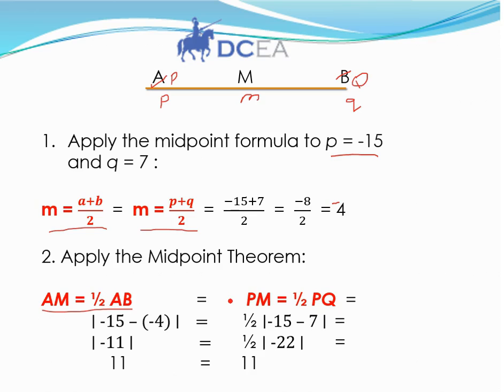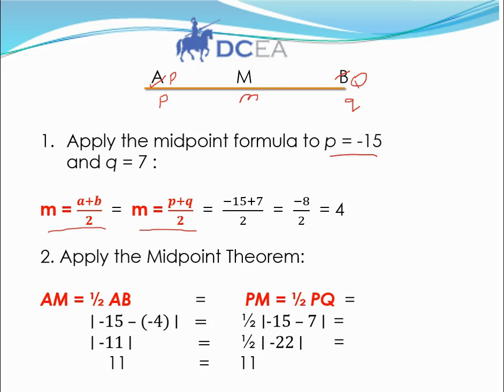We can substitute our number values here. Well, it won't let me erase it without doing some major things, so I'm going to cross it out. I was just using this to show you what the original formula looked like. This is actually PM. So PM equals 1/2 PQ.